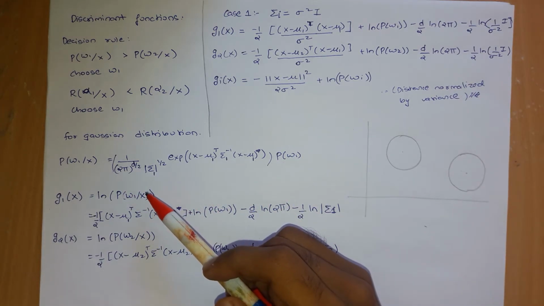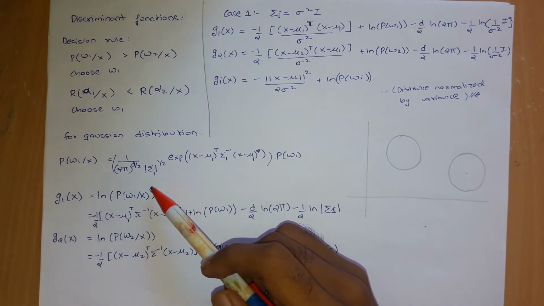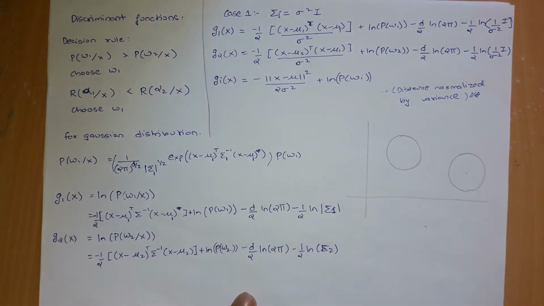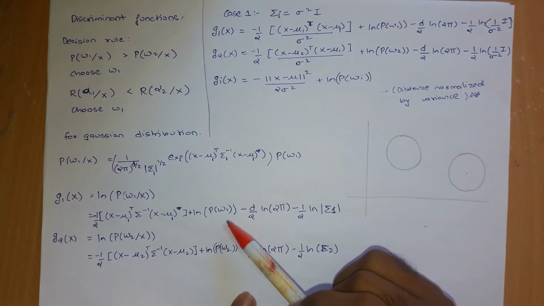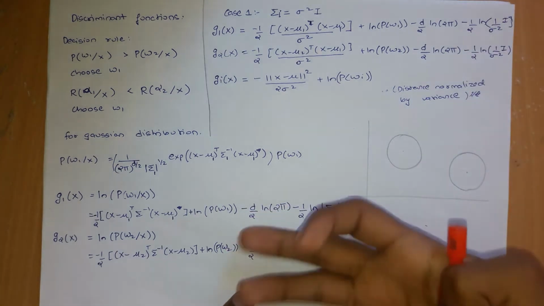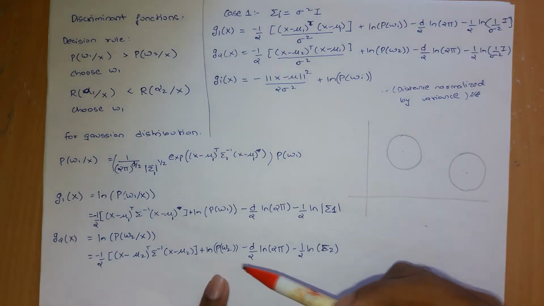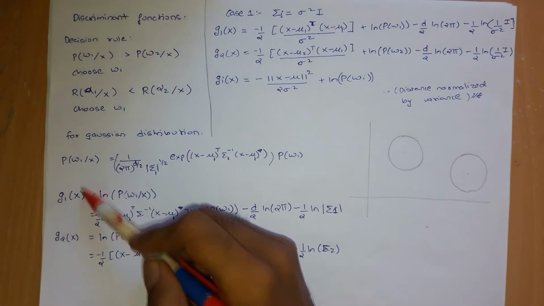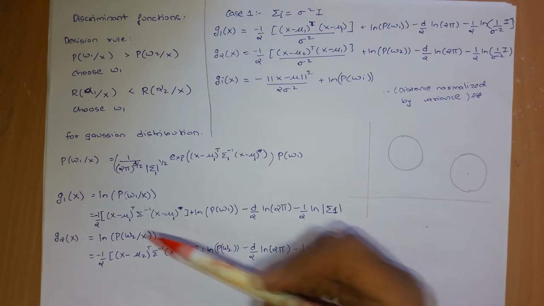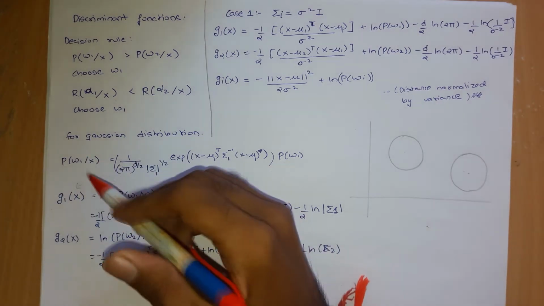Now to make computations further easier, I take the log. The log gives one benefit, that this exponential reduces. There are also some more benefits associated with it, which we'll see further. So I'll define some g1 of x, which I'm going to call my discriminant function.